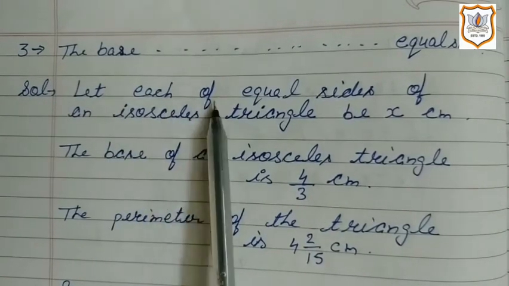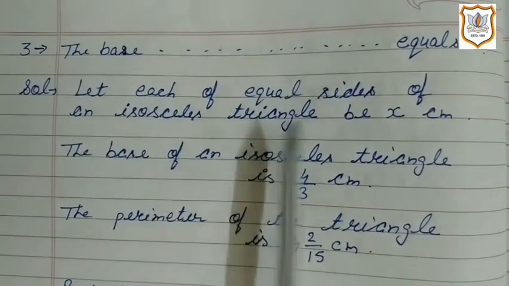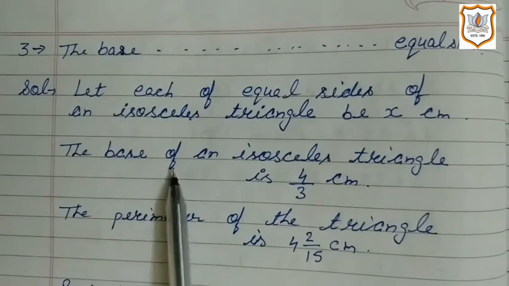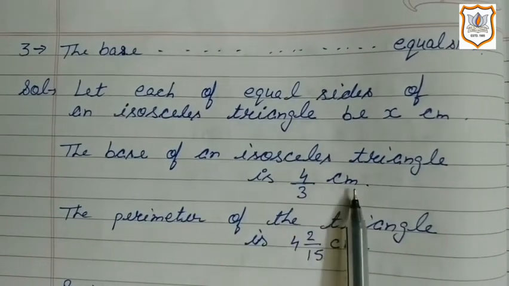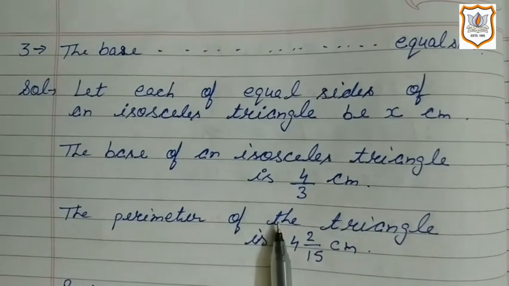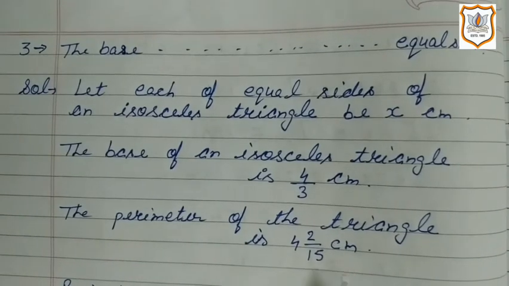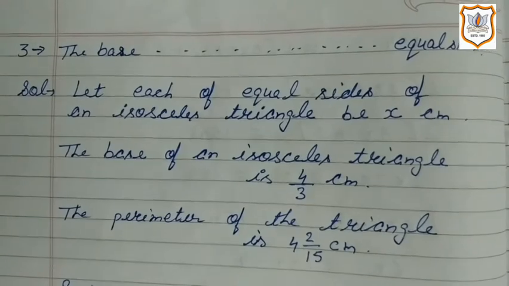Let each of the equal sides of the isosceles triangle be x centimeter. The base of the isosceles triangle is 4/3 centimeter, given in the question. The perimeter of the triangle is 4 2/15 centimeter, given in the question.